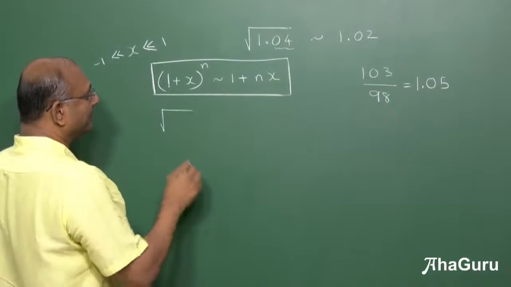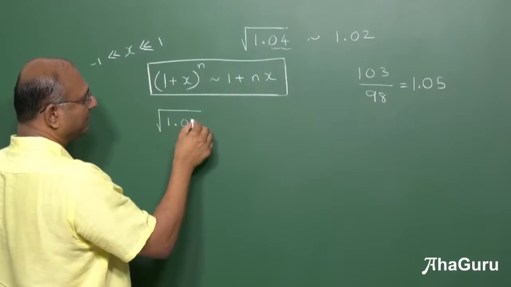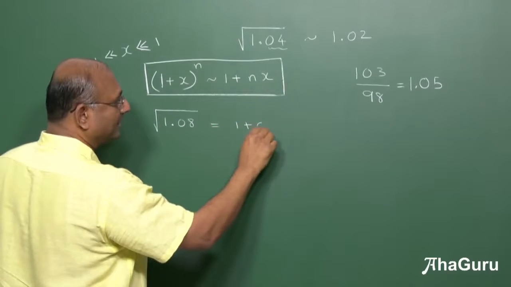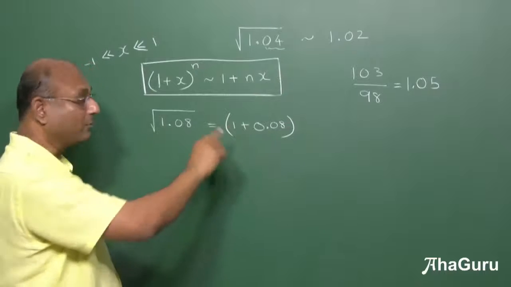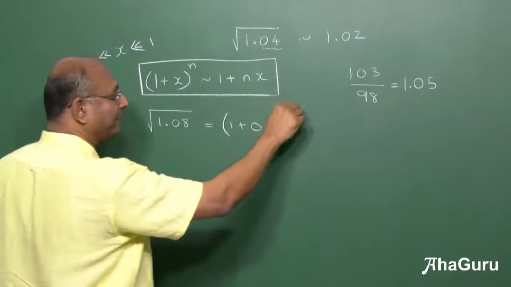So for example, if I had 1.08, I'll write this as 1 plus 0.08. This is a small number, 1 plus x. Power, look at this, this is root. Root is power half.